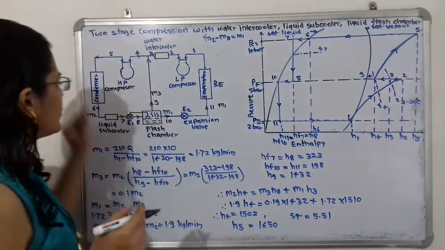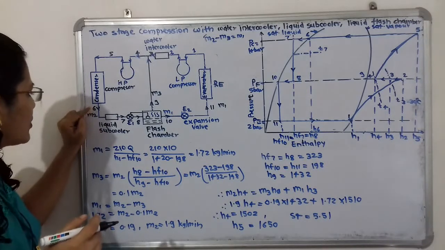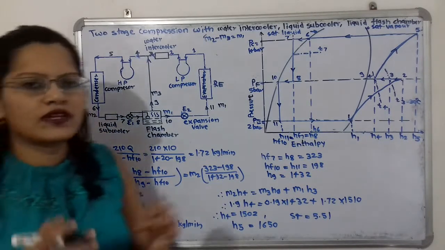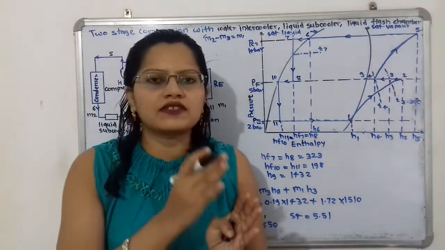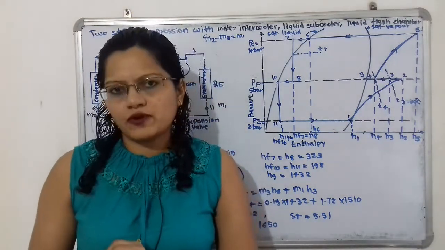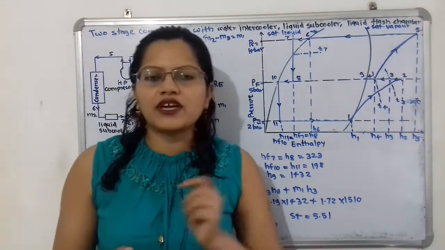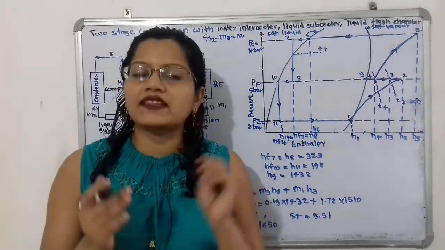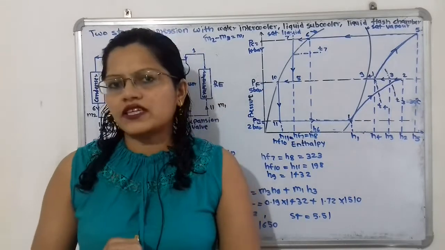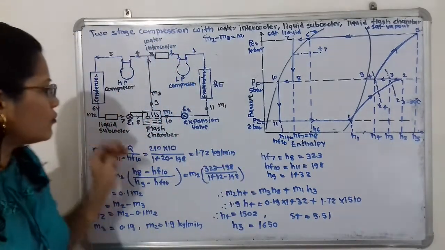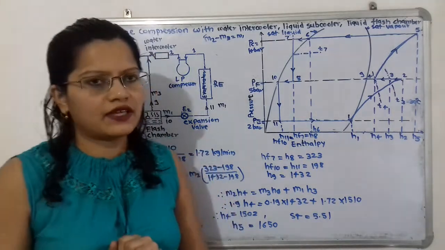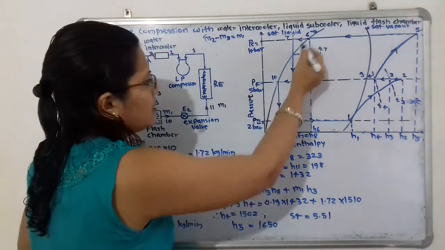Now again if we move to the next, that is the process of 6 to 7. Here the refrigerant is passing through this liquid subcooler. In the question the liquid subcooler temperature is given, and that is equal to 30 degree Celsius. So we have to select where is the 30 degree Celsius temperature for this saturated liquid line.